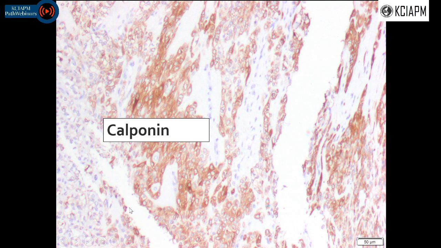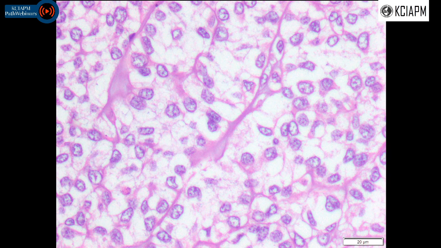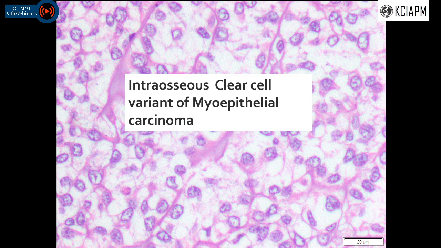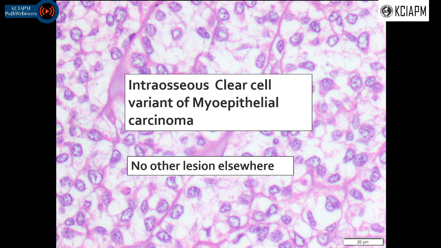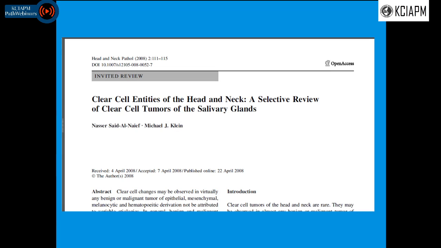So here is the calponin staining to show how strong the cytoplasmic staining is in this tumor. So with the clear cell variant of a carcinoma within the mandible giving rise to an osteolytic lesion, we went on to say that it is probably an intraosseous clear cell variant of a myoepithelial carcinoma, because there was no other lesion elsewhere. Kidney was perfectly normal.